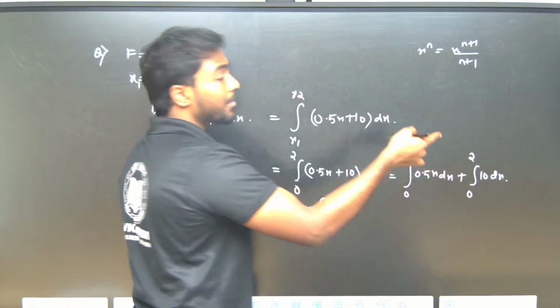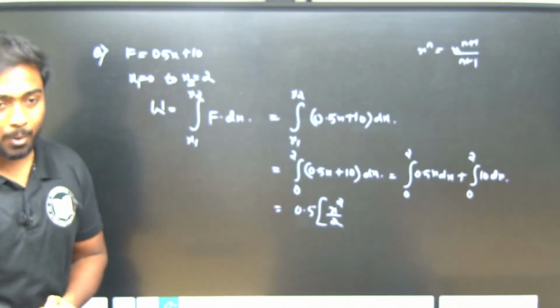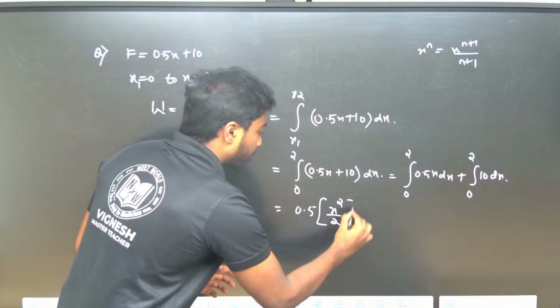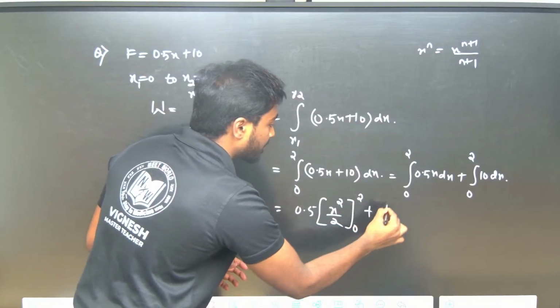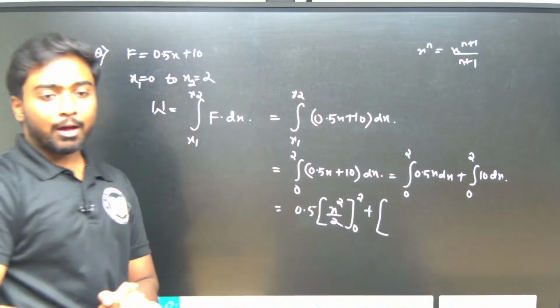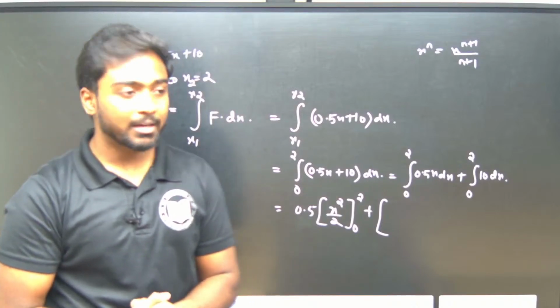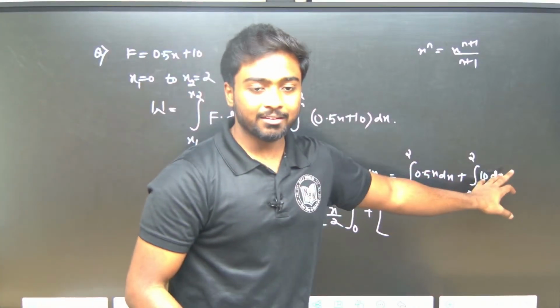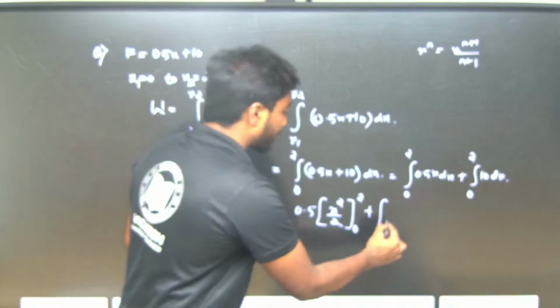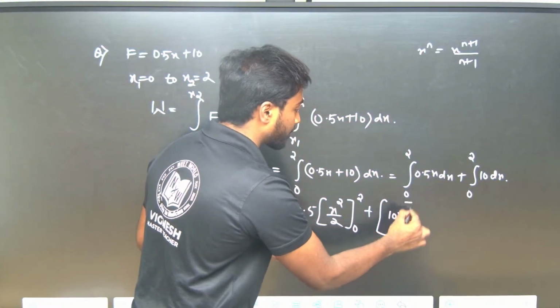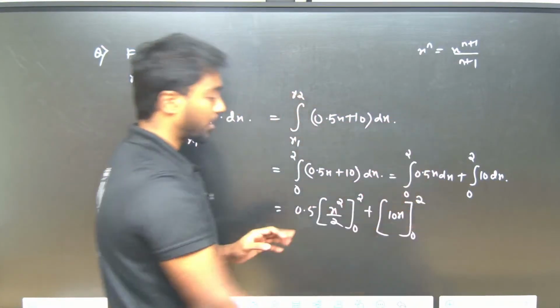When I differentiate it back, I get n into x power n minus 1. Then the integral of a constant with respect to x is 10x, from 0 to 2.